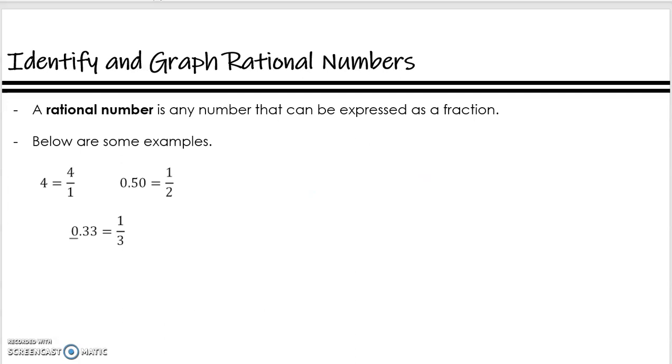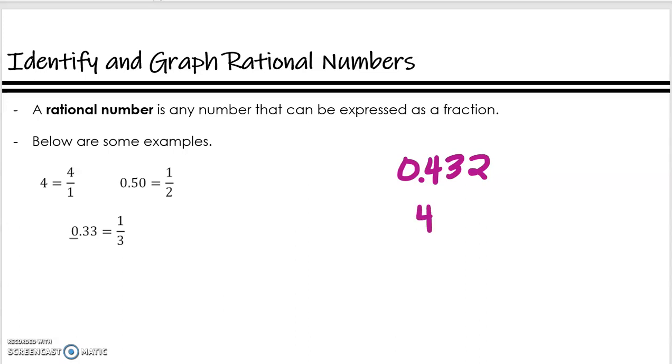So a rational number is any number that can be expressed as a fraction. Below are some examples. Any whole number is going to be a rational number because you can just put that whole number over 1 and it is a fraction. 0.5 or 0.50, a decimal, any decimal you can represent as a fraction, even 0.432.